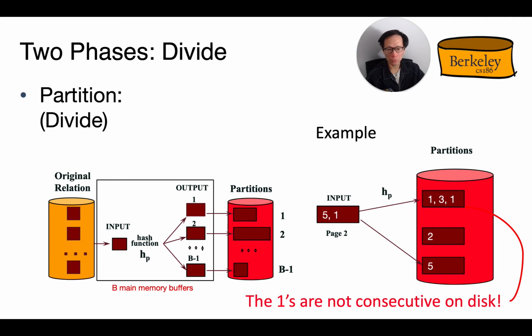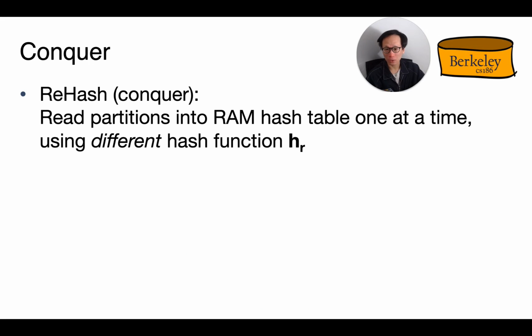This is because we need at least 1 page to store each partition, and our hash function created more partitions than the number of pages used to store the original relation. Needing more pages to store the output relation after partitioning will be important later on when we compute the I/O cost of our algorithm. But now let's go on and talk about the second conquer phase.